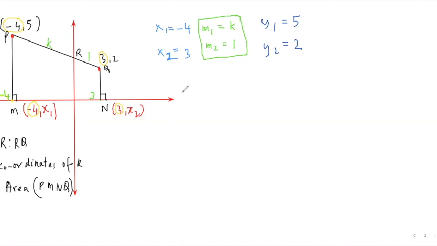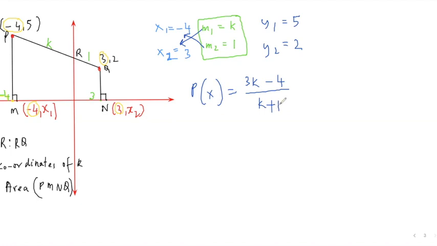So we can use the section formula to find these. So what would be the section formula? R of x is equal to m1 x2, which is 3k, plus m2 x1, which is minus 4, divided by m1 plus m2, that's k plus 1.